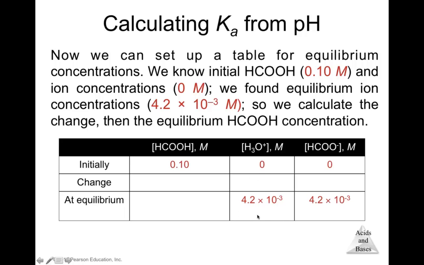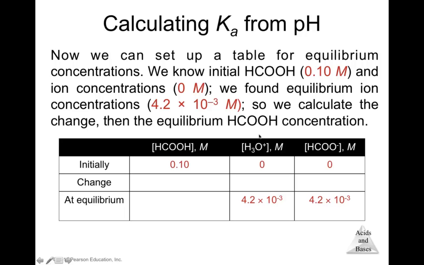Remember that we calculate this by using what? The pH. The antilog of the pH is 4.2 times 10 to the power of minus 3. Because this is a product and this is also a product, and the coefficients are 1 to 1, at equilibrium both concentrations are equal. So that means the change of H3O from 0 to this was what?